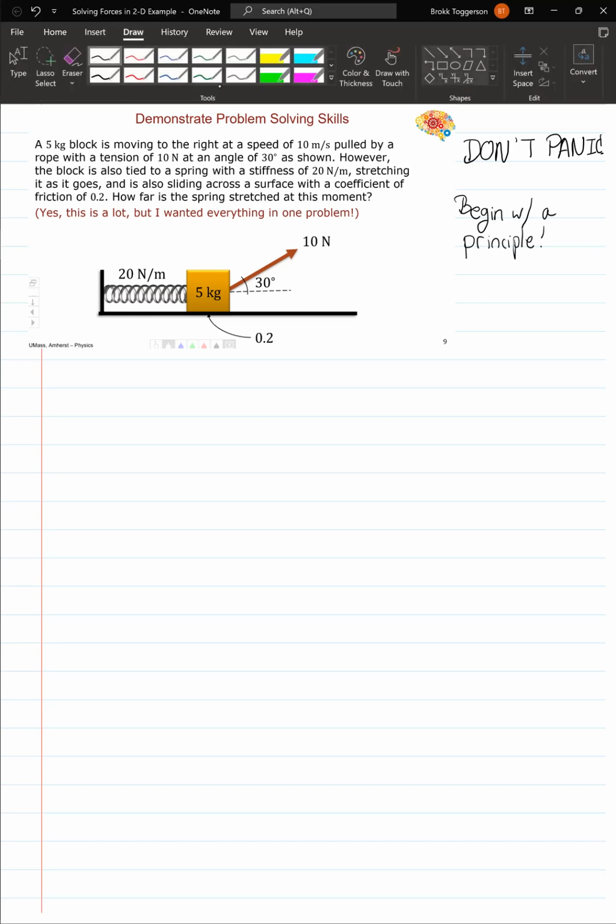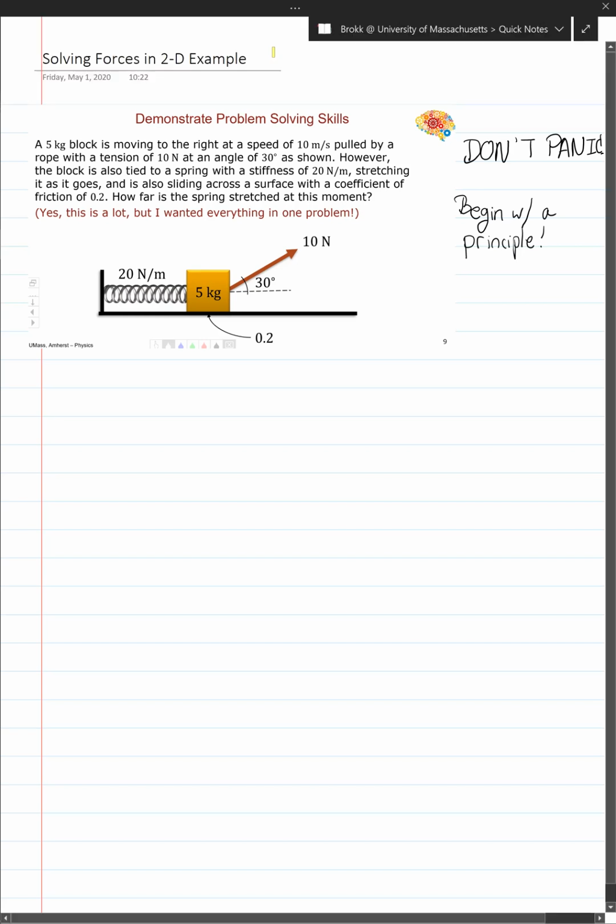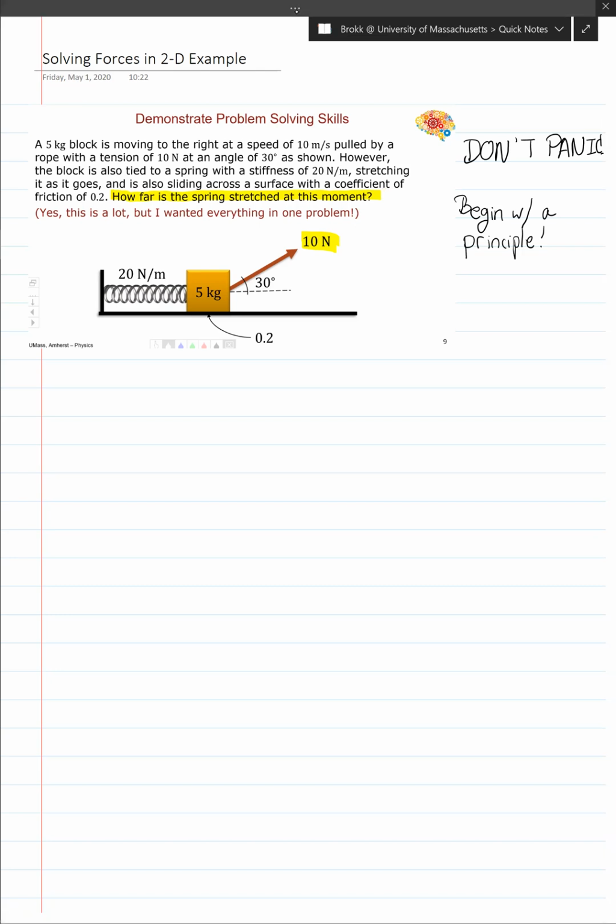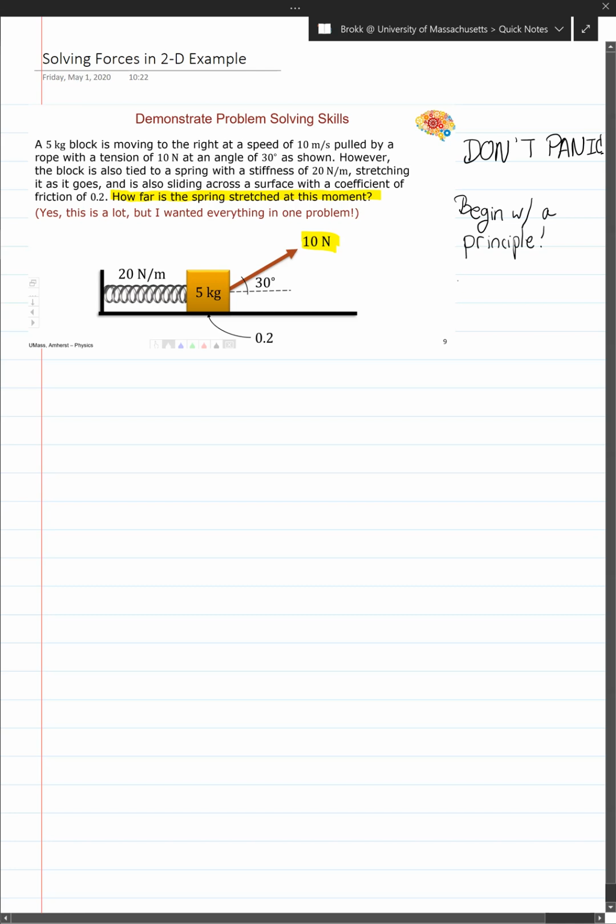Well, we can look at kind of what we've got going on. We have quite a few forces in the problem, and ultimately, we want to know how far is the spring stretched at this moment. So, given that we also know that the force of a spring from the spring on an object, in this case a block, is how far I stretch it times its stiffness.